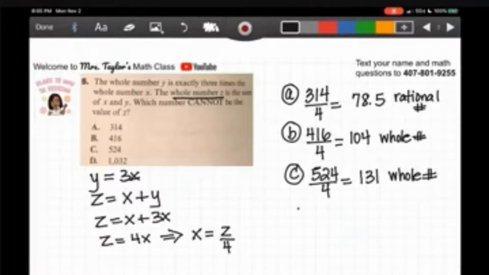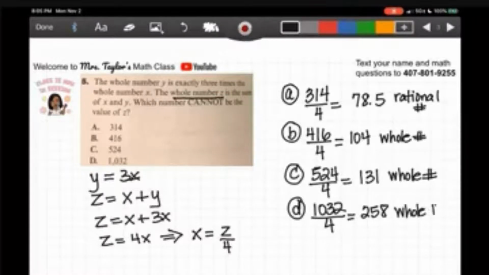For answer choice D, we have 1032. When I divide that by 4, I do get 258. And this is a whole number. So Z can equal 416. It can equal 524.